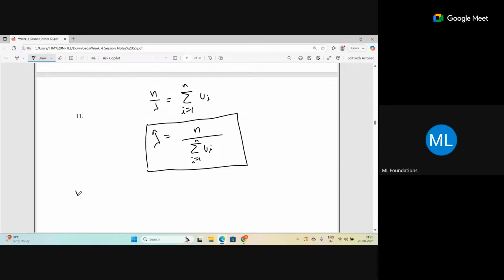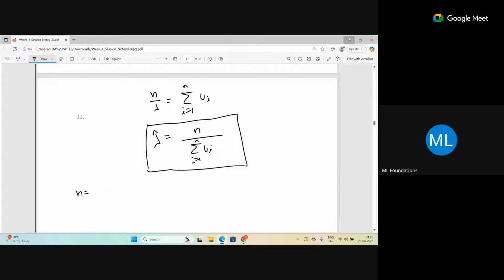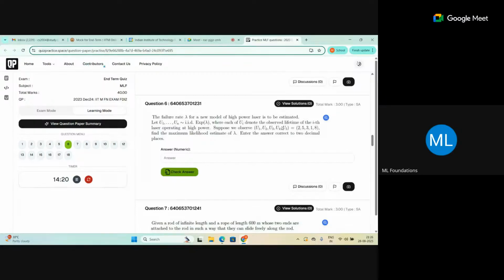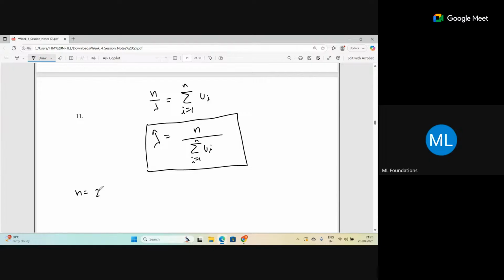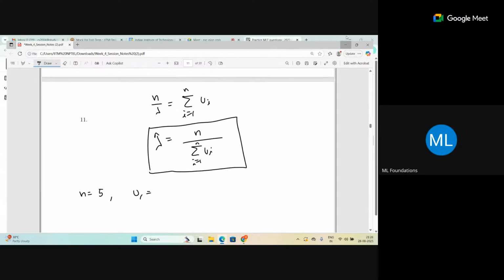In our example, the number of samples given is 5. And what are those values?